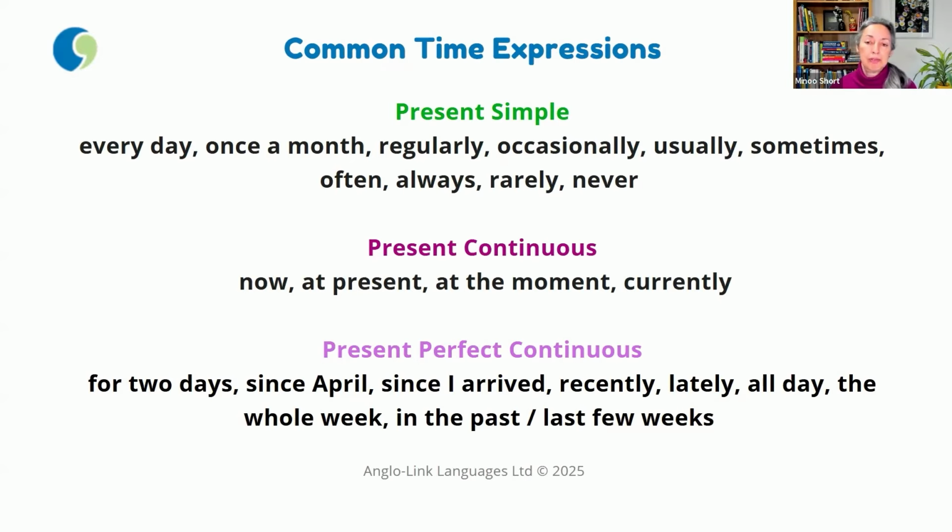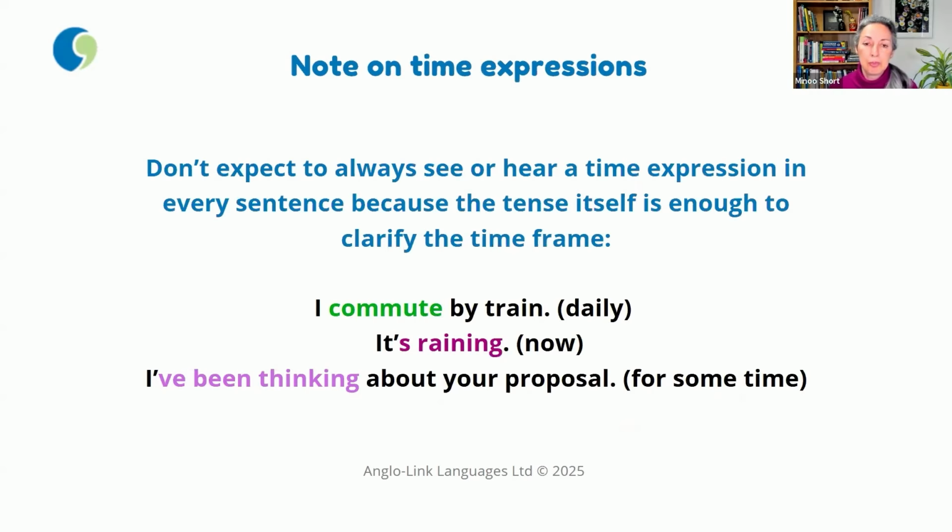But I'd like to add a very important note on time expressions, and that is that don't expect to always see or hear a time expression in every sentence, because what is very peculiar and particular to English is that the tense itself is enough to clarify the time frame. We don't necessarily need a time expression. So if someone says, I commute by train, obviously they mean every day, daily, because they're using the present simple tense.